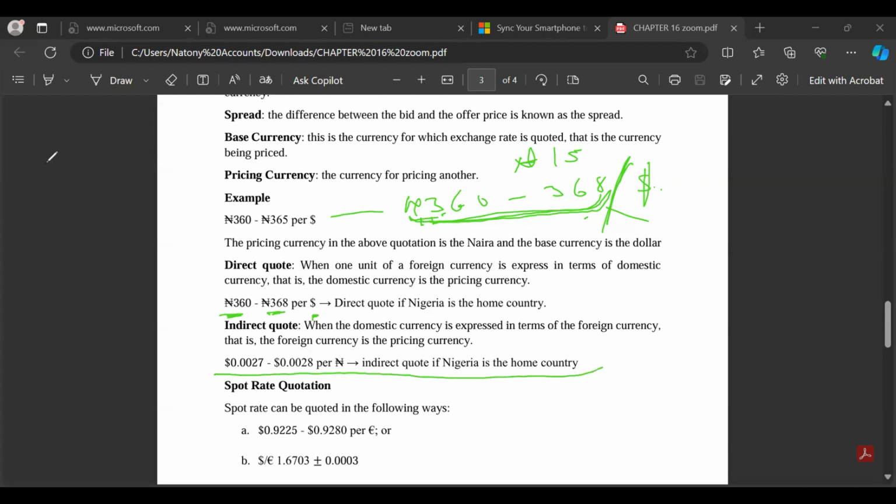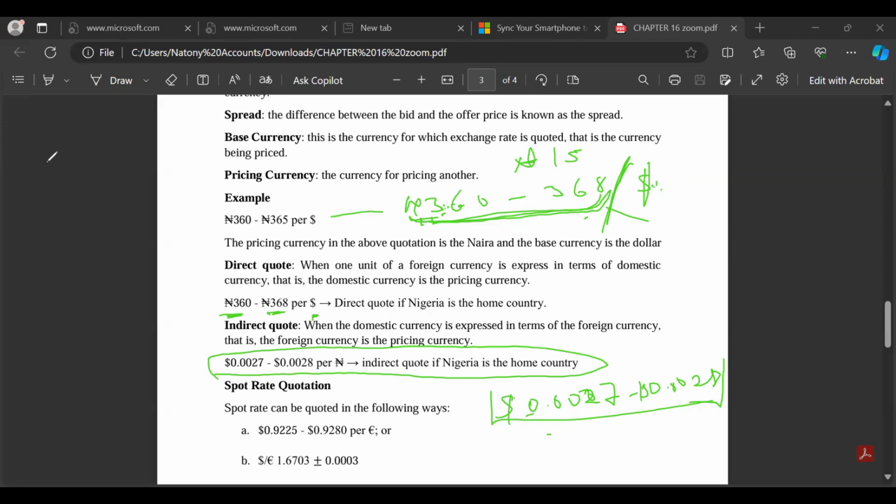Like this example here. If Nigeria is the domestic country, and you have a quotation like this, 0.00027 to 0.0028 naira per dollar. It makes more sense for you to use naira to buy the dollar, but you cannot. In Nigeria, you cannot be using the dollar to buy naira.